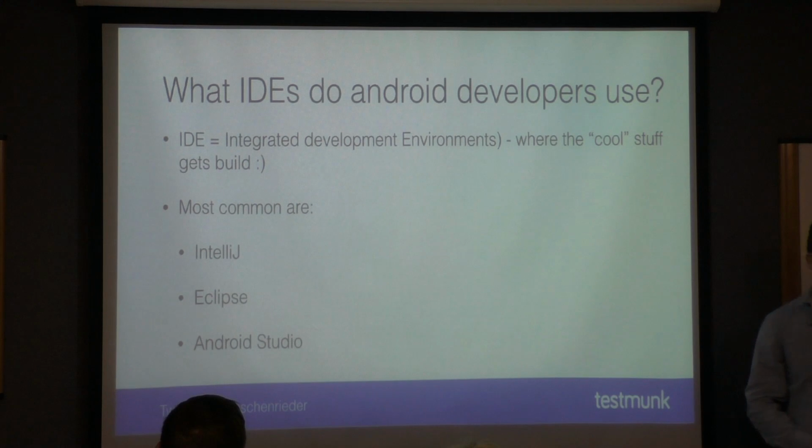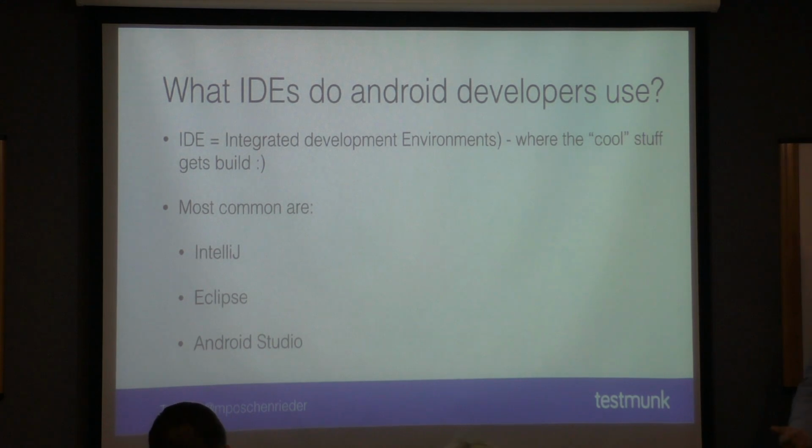Eclipse is used for various coding languages. It's also open source. And IntelliJ. So these are basically the three on the market in that sense. Well, there are a few others, but these are the most common ones. Android Studio is actually, it seems, the most popular on the market.